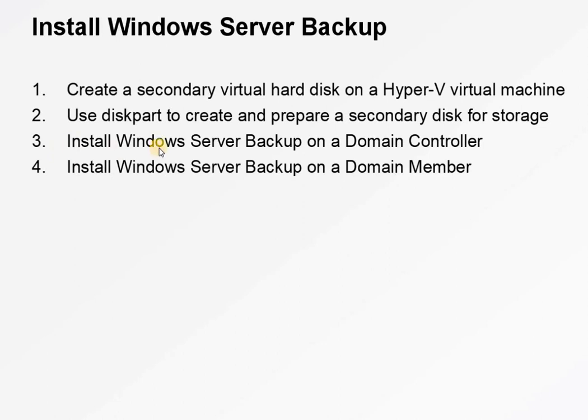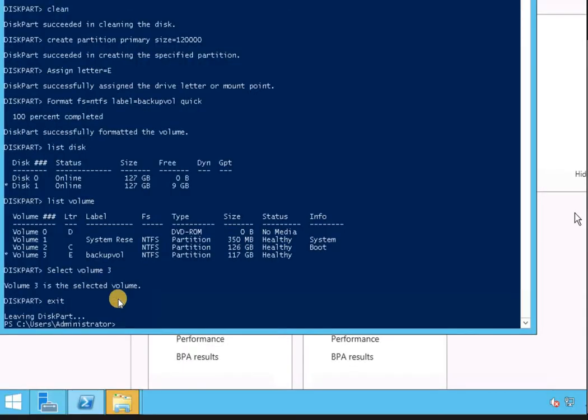Now we are going to see how to install Windows Server Backup on the domain control server. On the same PowerShell, we are going to use this command to add the Windows feature, Windows Server Backup: Add-WindowsFeature Windows-Server-Backup, including management tools.